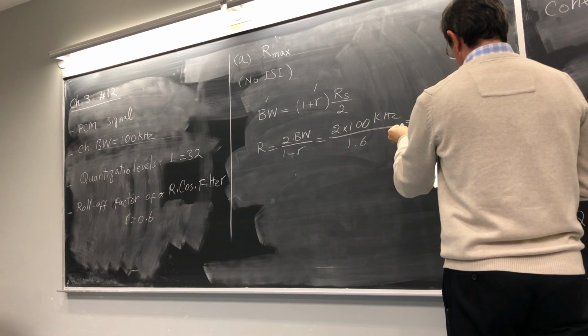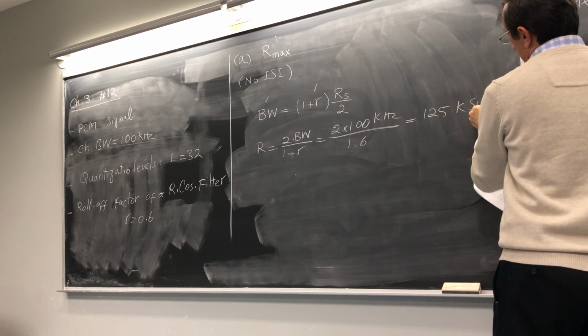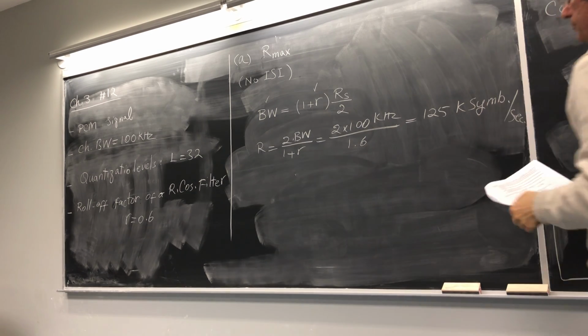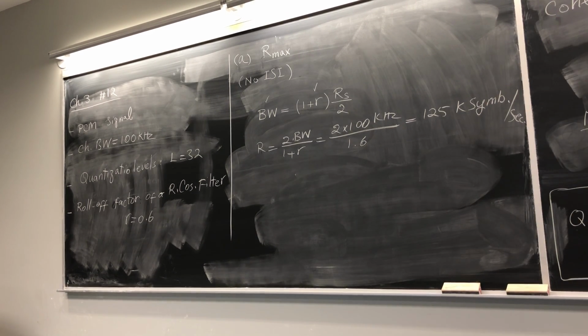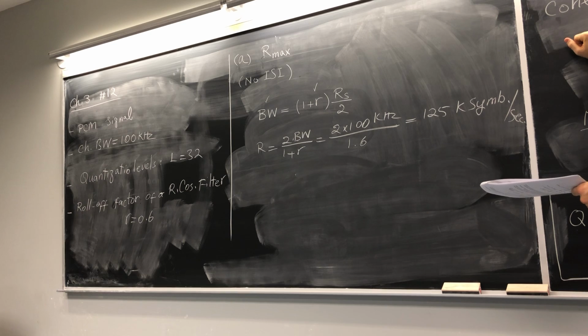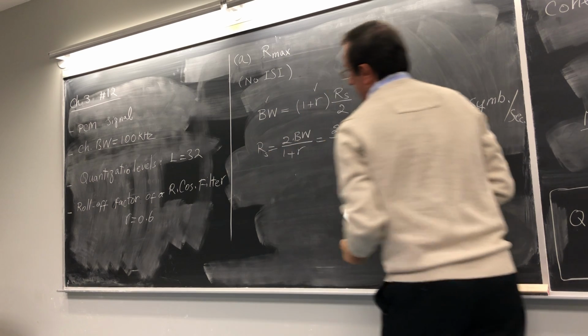And that gives us 125 kilosymbols per second. So this is the symbol rate, R sub s.